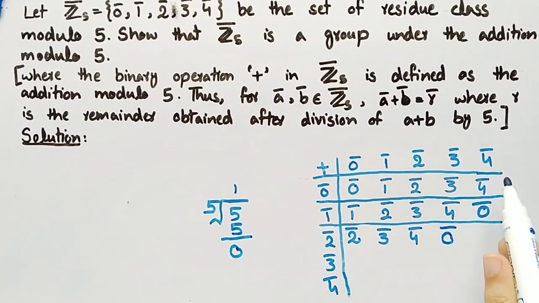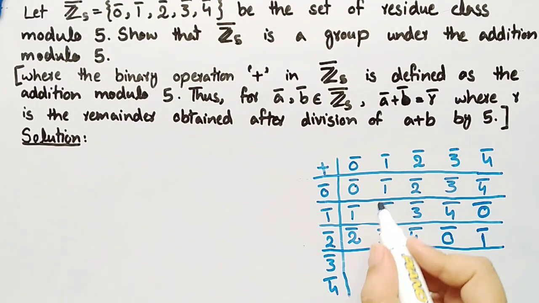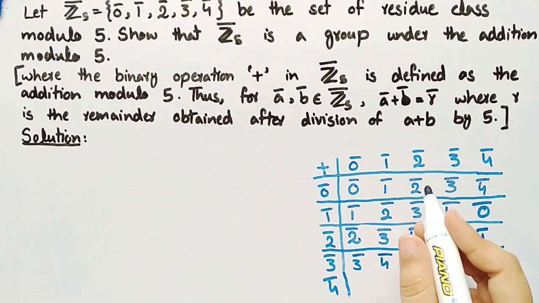2 plus 4 is 6, which is also greater than modulo, and when a number is equal to or greater than modulo, we divide that number by modulo. So we will divide 6 by 5. 5 times 1 is 5 and we get remainder 1. So here we will write 1. Now we will add 3 with all these numbers. 3 plus 0 is 3. 3 plus 1 is 4. 3 plus 2 is 5.